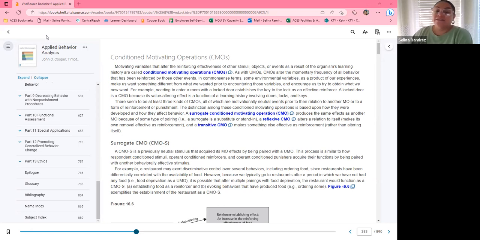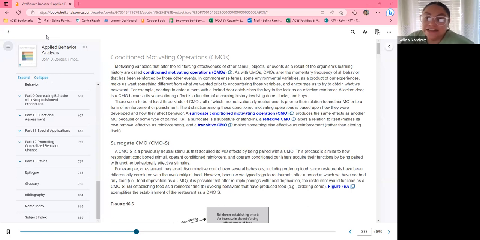Okay, so now we're going to go into the CMO-S, CMO-R, and then CMO-T. I know some people really get these mixed up, so we'll try our best to give good examples so that we can all understand them.